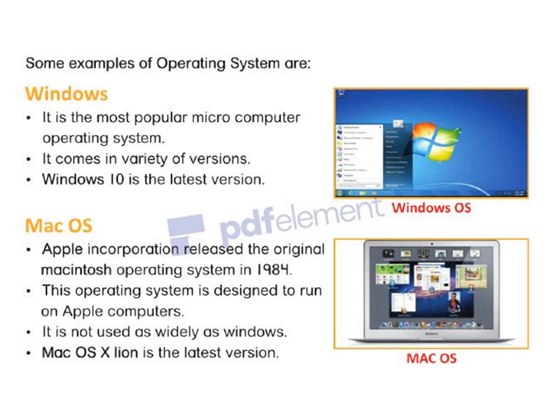Apple Incorporation released the original Macintosh operating system in 1984. This operating system is designed to run on Apple computers alone. It is not used as widely as Windows. Mac operating system X Lion is the latest version of Macintosh operating system.